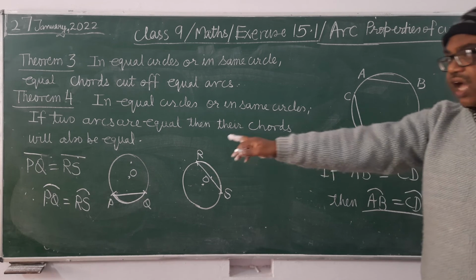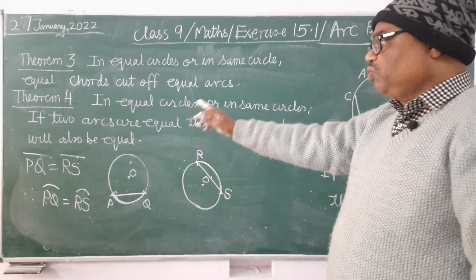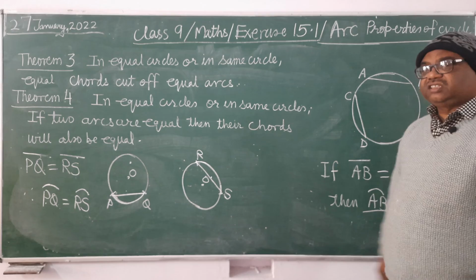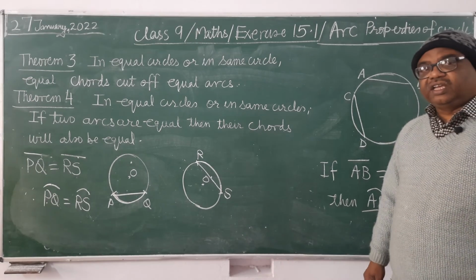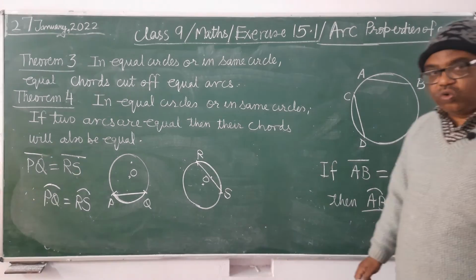Suppose it is given arc PQ equals arc RS, then chord PQ will be equal to chord RS, provided the circles are of equal radii. It's clear? So this is the converse of theorem 3.